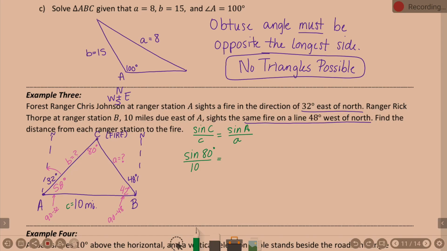If we start with sine A, that's sine of 58 degrees over side A. So what I put into my calc there is going to be 10 times sine of 58 degrees divided by sine of 80 degrees.